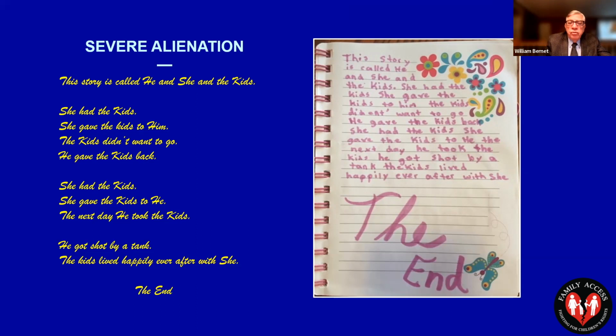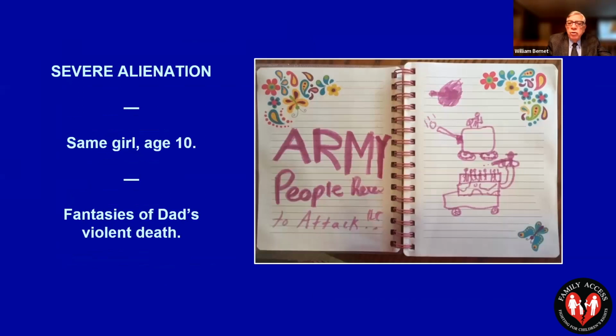There's the pictures. This little story has pictures that go with this little short story, and they're also disturbing. Here's a picture of the next page, which says army people, and then something about attack. Go to the attack. And there's a picture of two military vehicles.